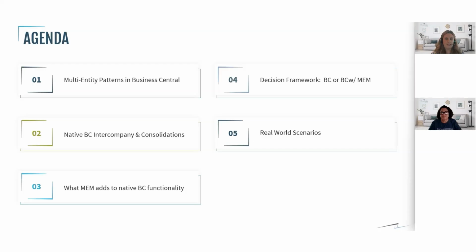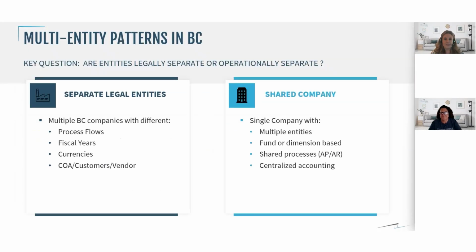We'll talk about what native BC intercompany and consolidations looks like. We'll share with you what MEM adds to the native BC functionality, and then help you with a decision framework to use BC or BC with MEM. And we'll close out with some real world scenarios. So I'm going to hand things over to Laura to get us started on multi-entity patterns in Business Central.